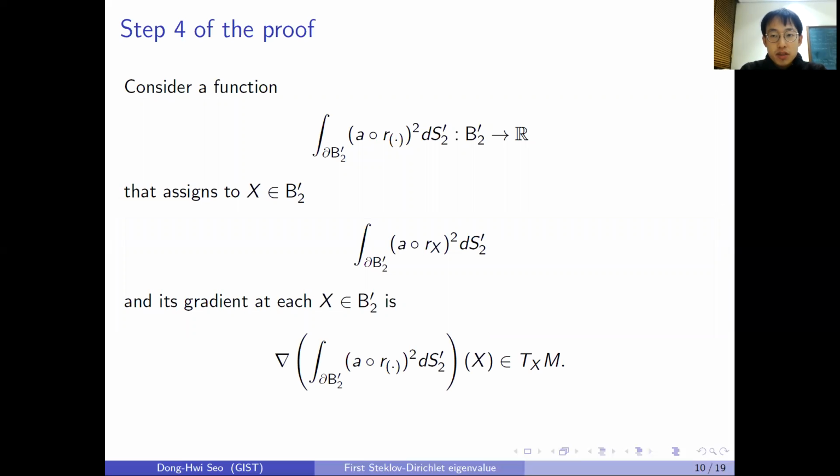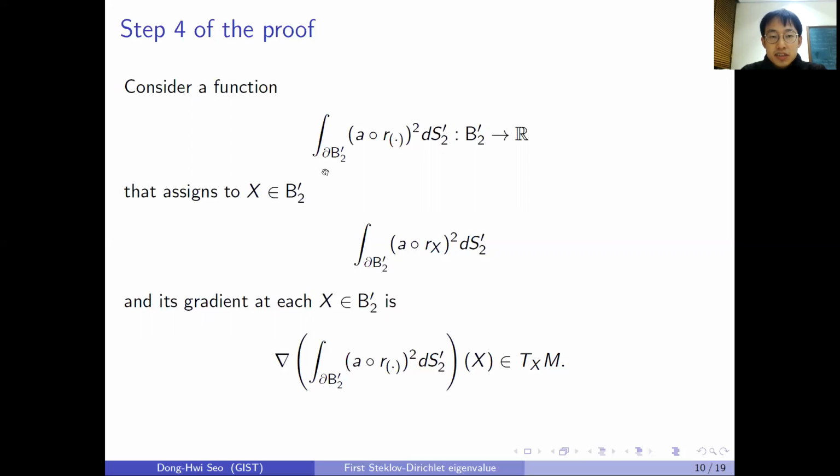To begin with, we consider a function defined in the outer ball B2 prime, which assigns to a point X in B2 prime the integral of the square of the distance function from X over the boundary of B2 prime.